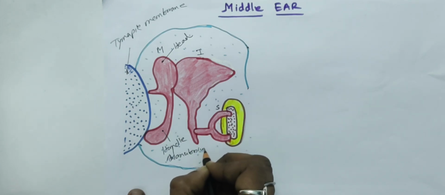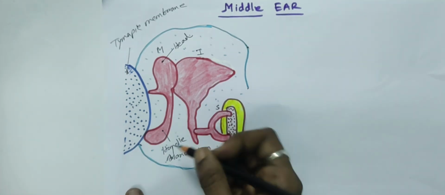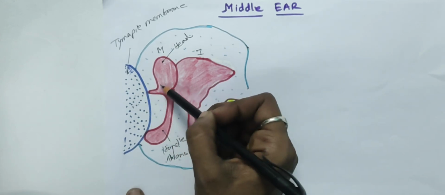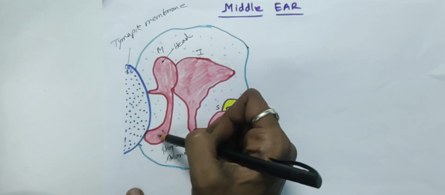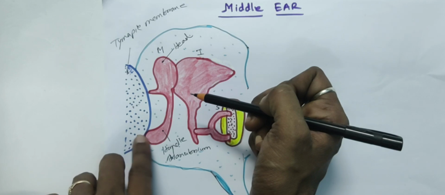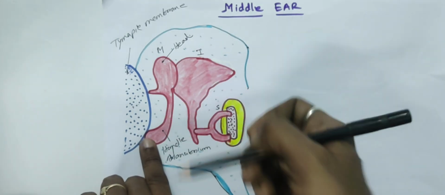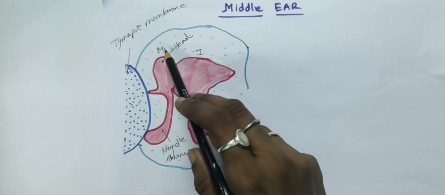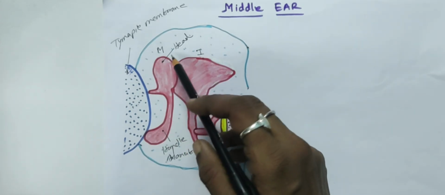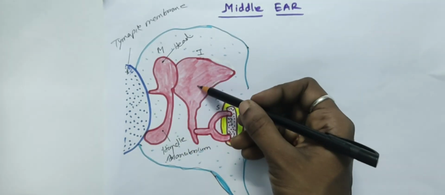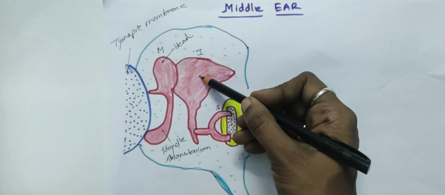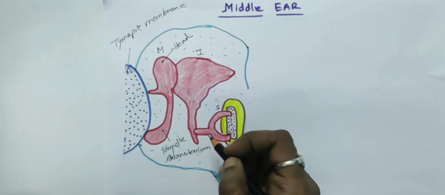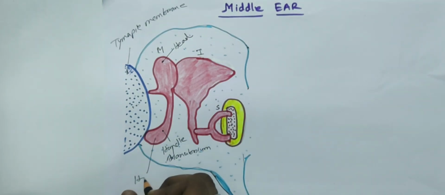When the vibration hits the tympanic membrane, it hits the handle, or manubrium, and it starts to vibrate. Next to the malleus is the incus, which is called the anvil.